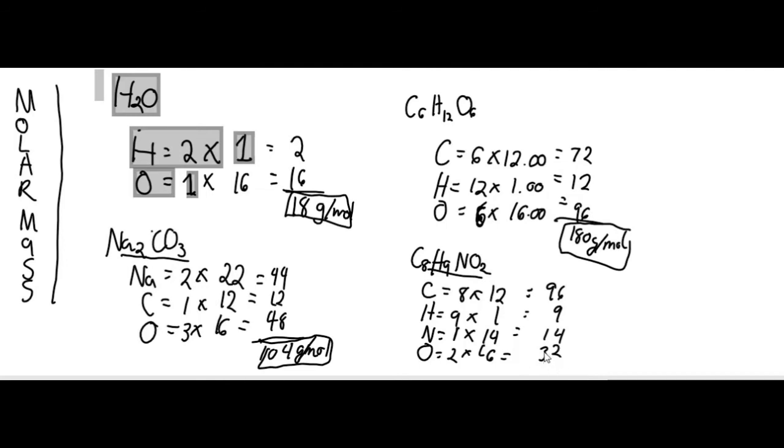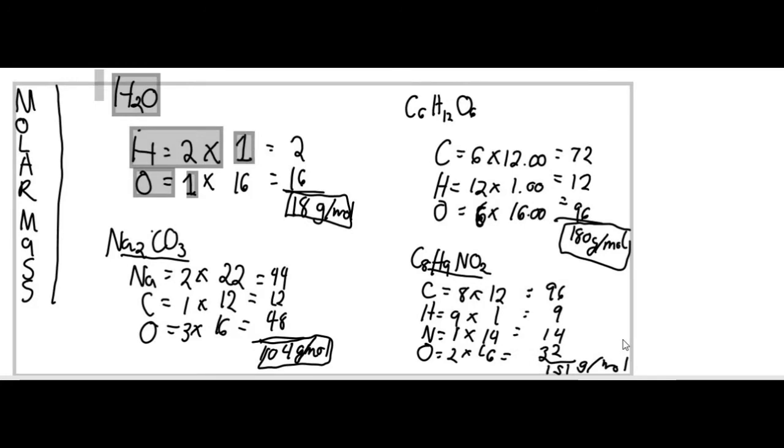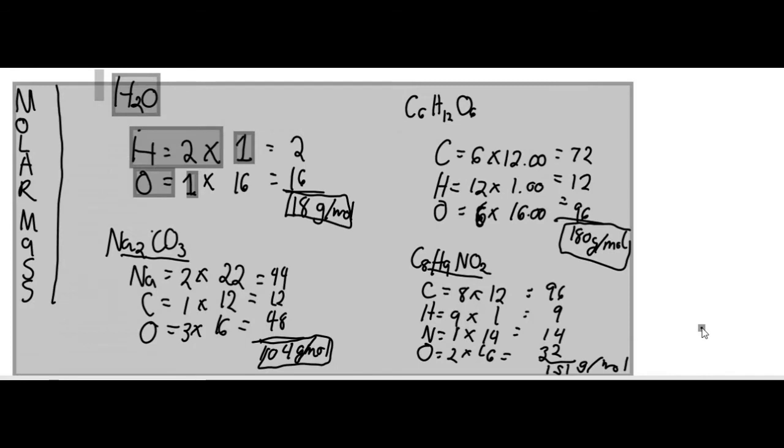So let's add them together. 96 plus 9 plus 14 plus 32 will give you a grand total of 151 grams per mole. Okay, that would be our final answer. So, let's move on to the next topic.